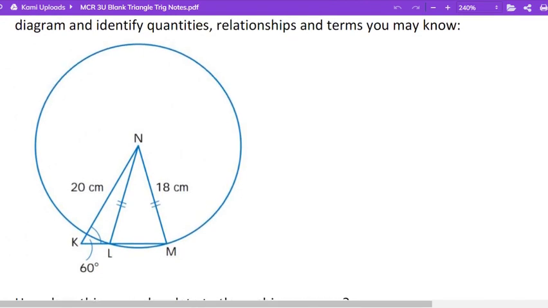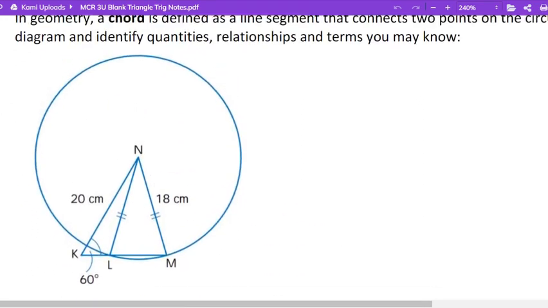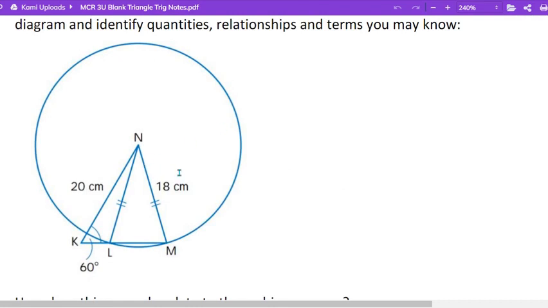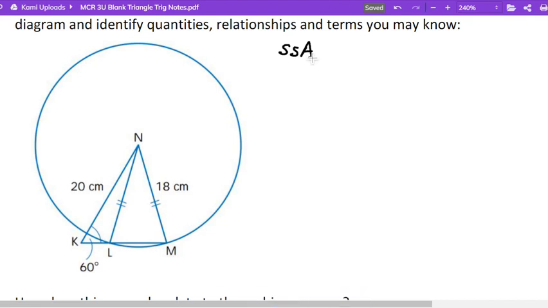Examine the following diagram and identify the quantities, relationships, and terms you may know. All right, so what do we know here? We know that we have an SSA situation. What else do we know? Great. So instead of saying it the middle line, what else can we call it in regards to the circle?